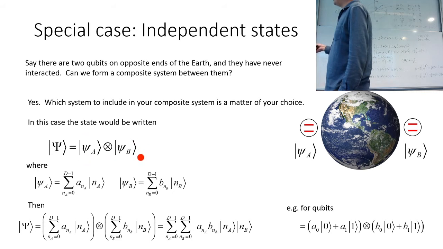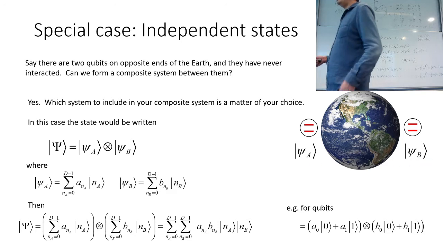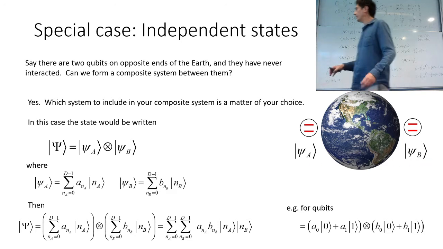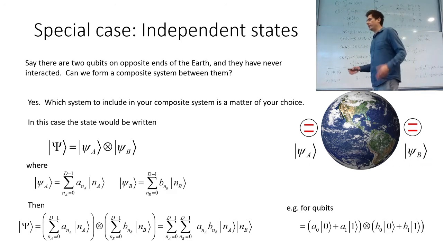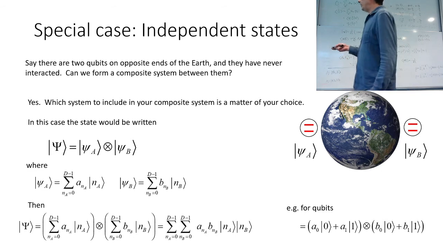some classes of states, where these quantum states are completely independent of each other, have a special form. And the special form is these independent states, where you have this kind of product form.